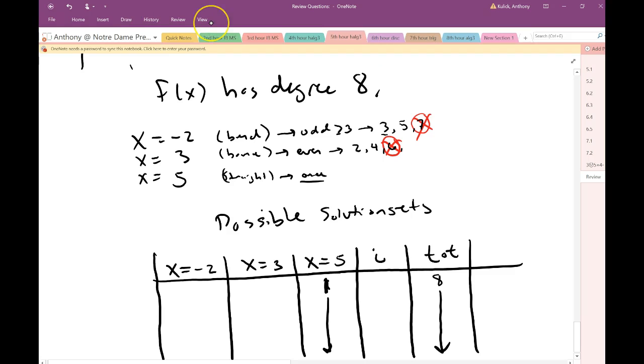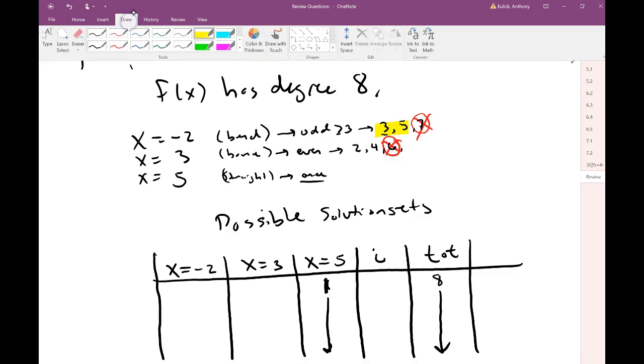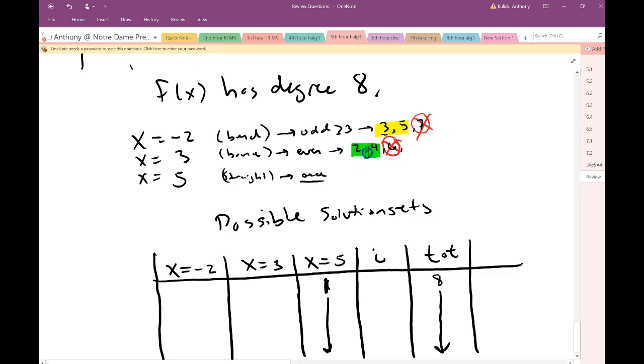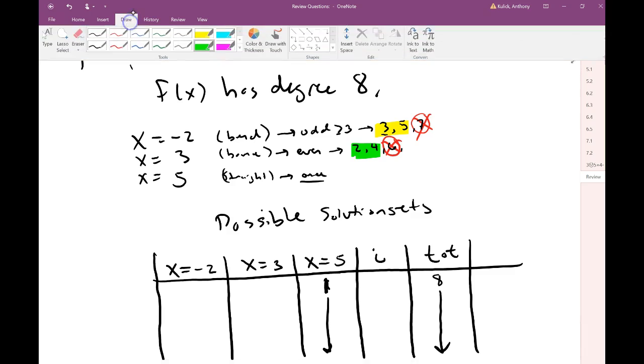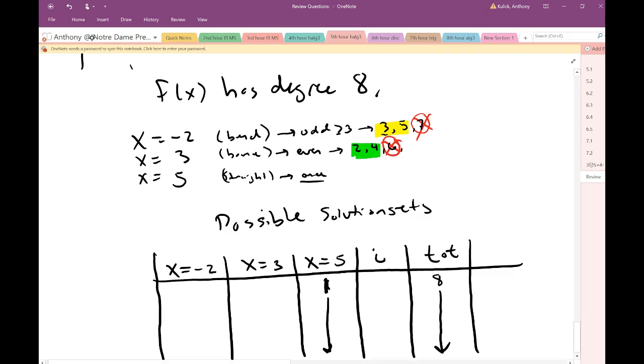So the only ones I have a choice on are the -2 and the +3. Let's write down all the combinations we could have there. If x minus 2 is used 3 times, x equals 3 could be used 2 times, or 4 times.